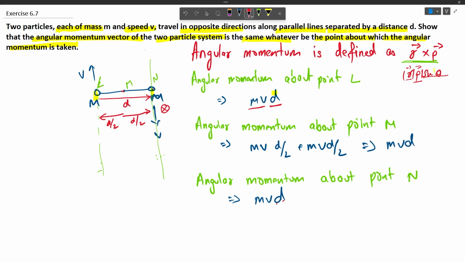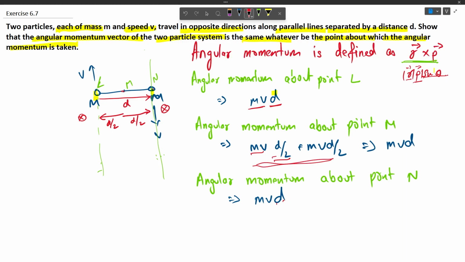The angular momentum of the particles at L and N would both be directed into the plane as given by the right hand rule, and the magnitude is going to be mv times d by 2, because sine theta again would be 1, as the angle between the velocity and the position vector is again 90 degrees.